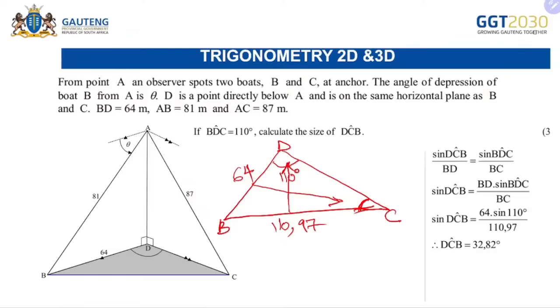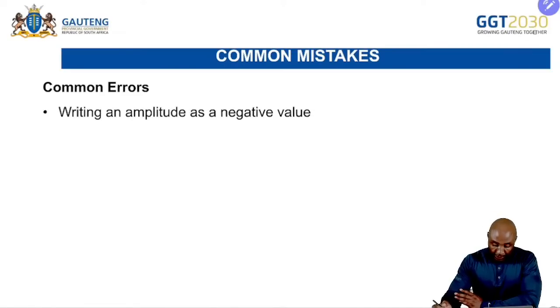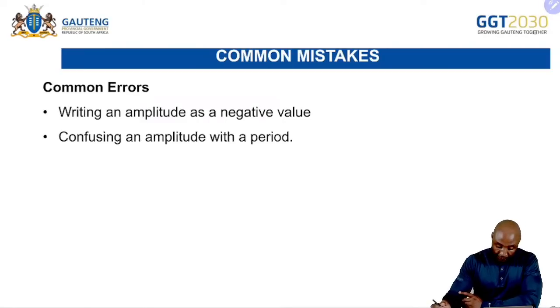Now, let's move on. Common errors for trigonometry: we write amplitude as a negative. We confuse amplitude with period. Please revise them in the next 2 days. Making assumptions applies in all the topics through the entire examinations.